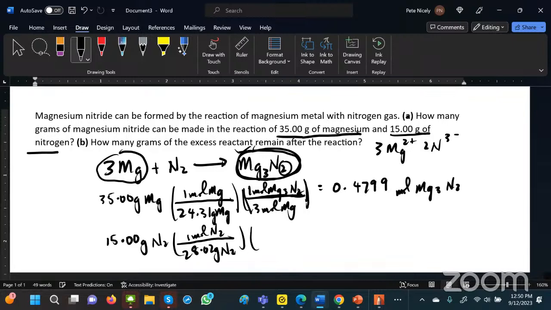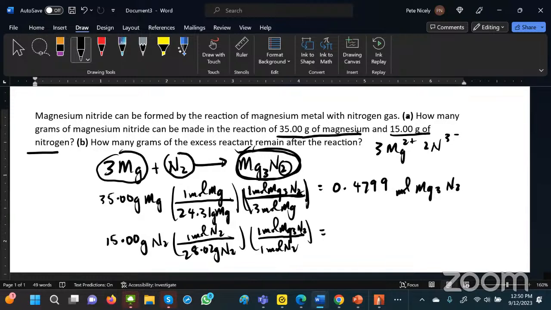And then we convert from moles of nitrogen to moles of magnesium nitride. You see that's a 1-to-1 mole ratio, right? So up here, we're going to put 1 mole of Mg3N2, and down here, you're going to have 1 mole of N2.